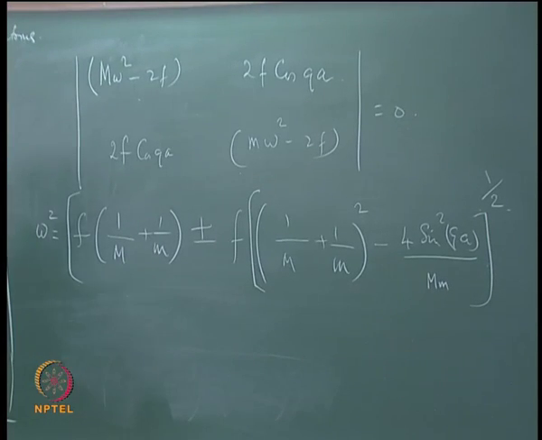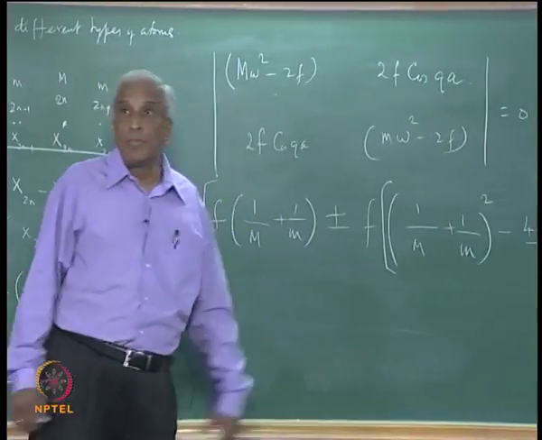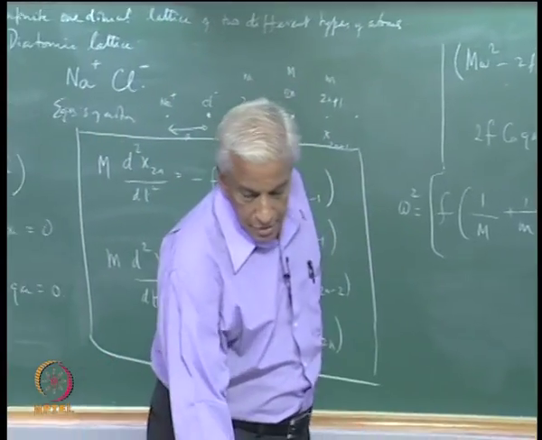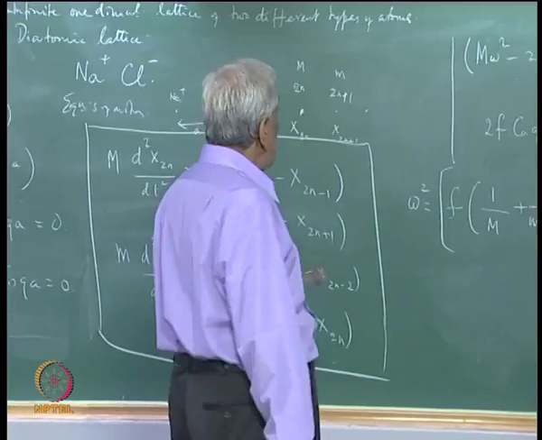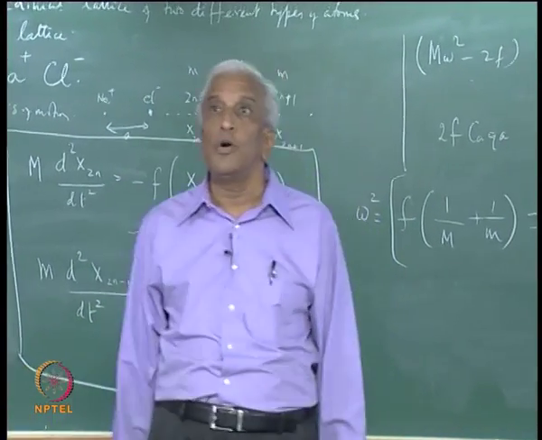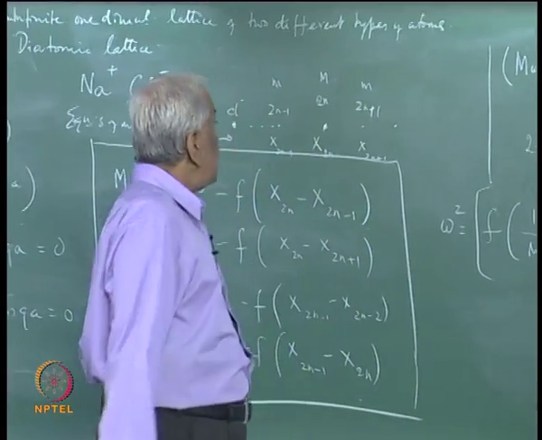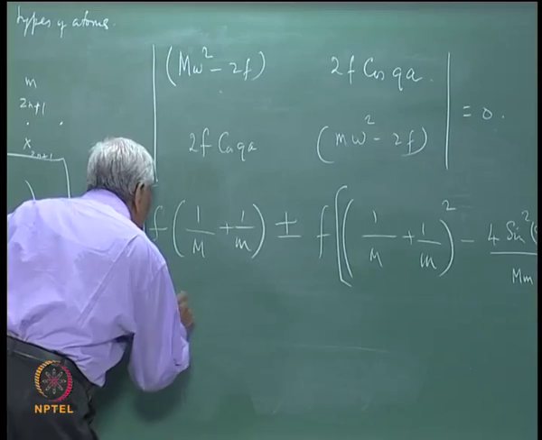Since we are looking for real solutions for the frequencies, we write the solutions, and so we will have two solutions corresponding to the plus and minus sign. So, you will have omega 1 and omega 2.